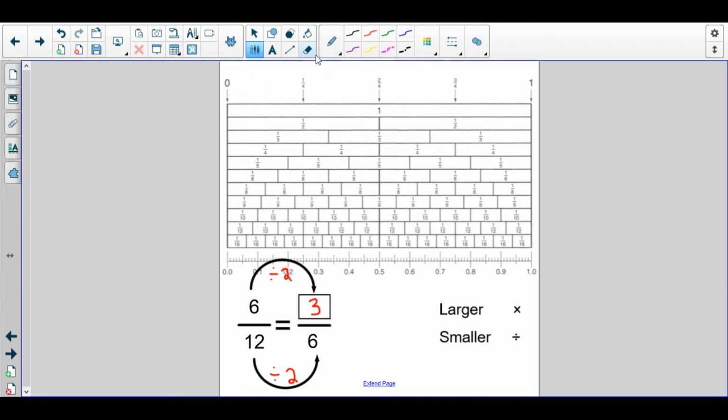So is 6/12 equal to 3/6? Let's see, 1, 2, 3, 4, 5, 6/12. And is that equal to 3/6? Well, here's 1, there's 2, and there is 3. So that works just fine.